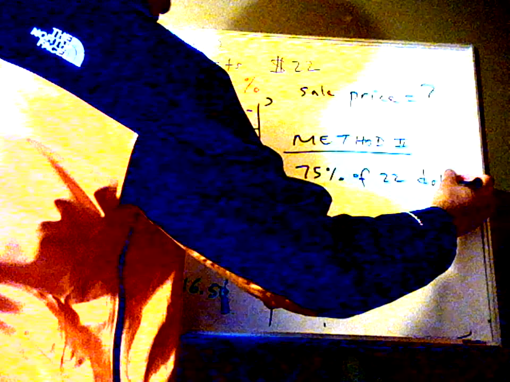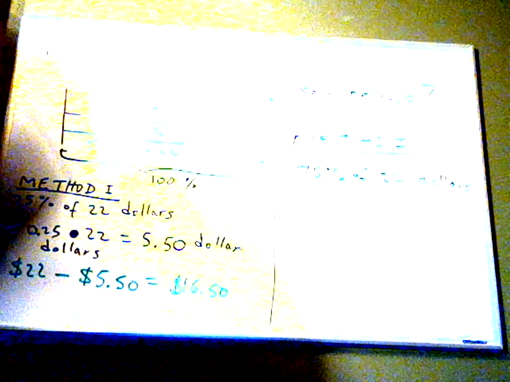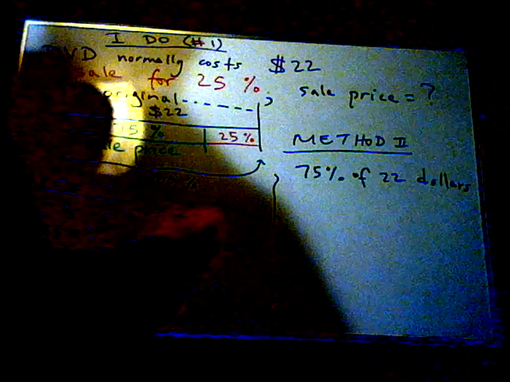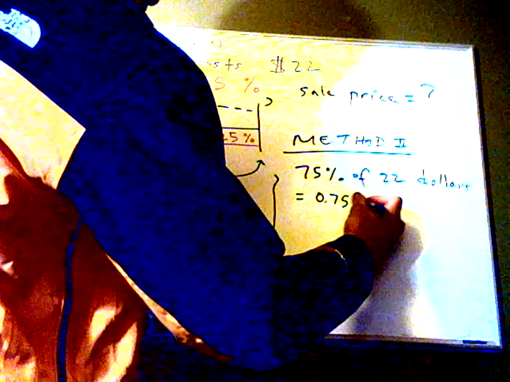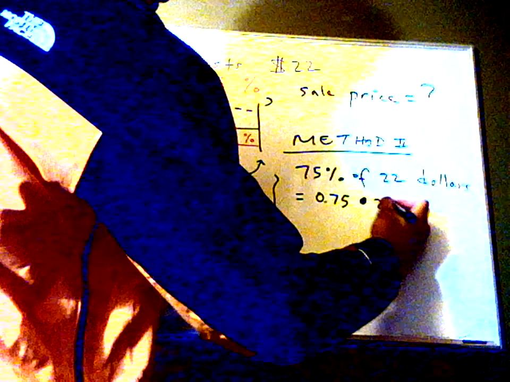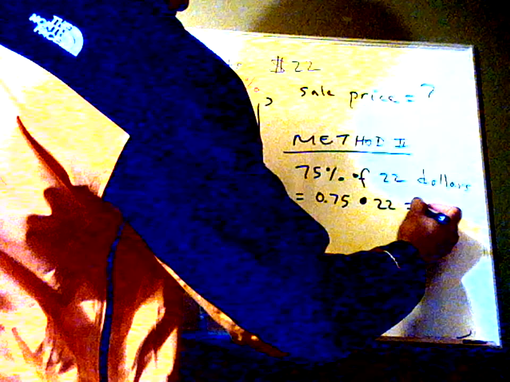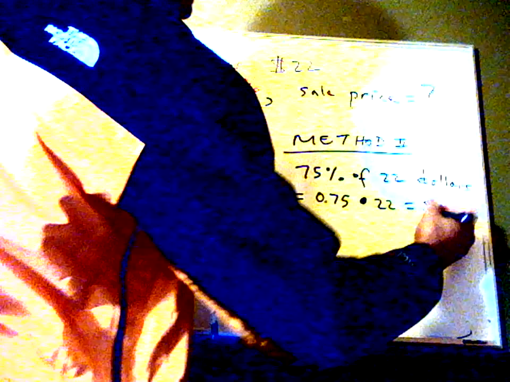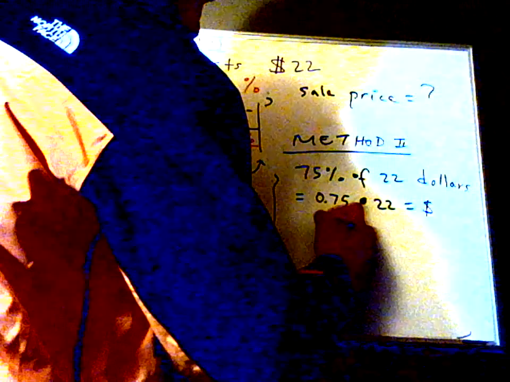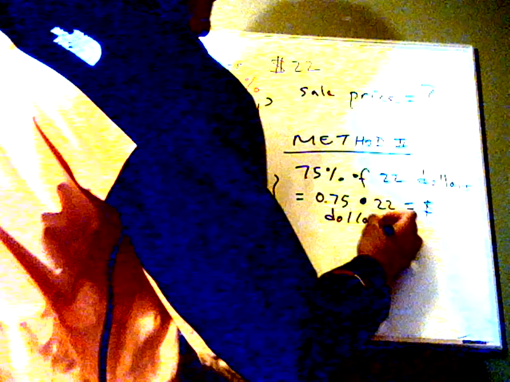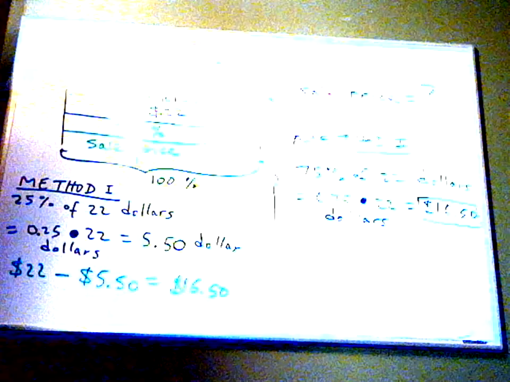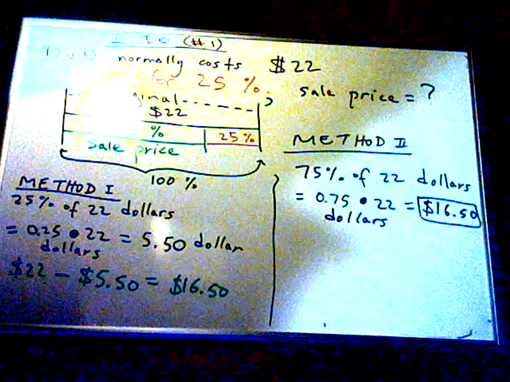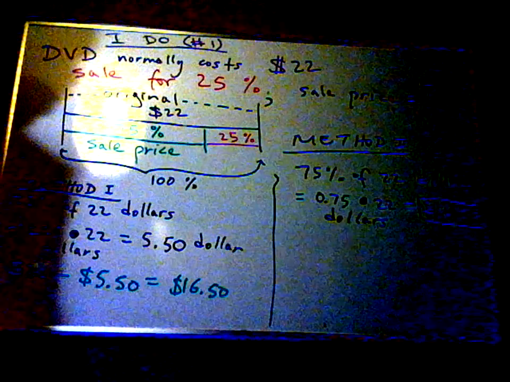That's what the store is retaining, because it's giving you a kickback of 25%. And so that's going to be 0.75 times 22, which will give you $16.50. So it's a direct calculation. So you calculate directly, you don't have to do the two steps.